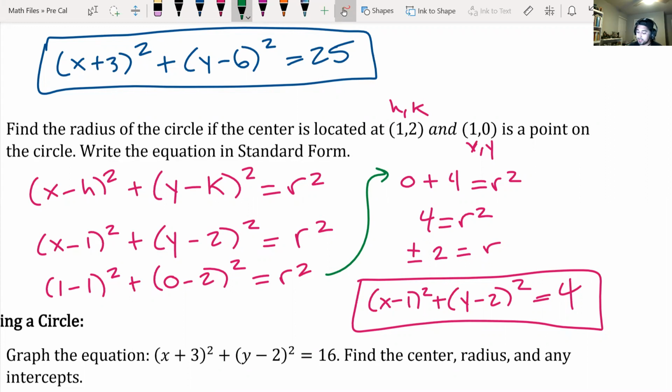If your center is at 1, 2 and a point on the circle is at 1, 0, what is the difference between those two y values? 2. Therefore, your radius has to be 2. Hey, look at that. Saved us a bunch of time, huh?